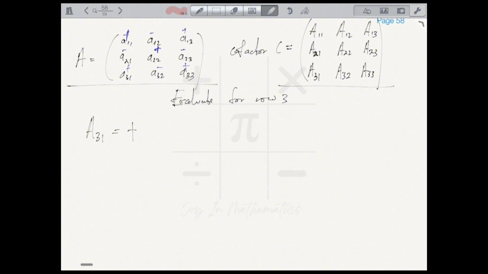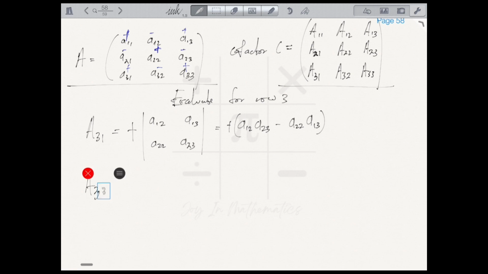Click our highlighter, vertically, horizontally, and we're left with these four: A12, A13, A22, A23. This will give us A12 A23 minus A22 A13.